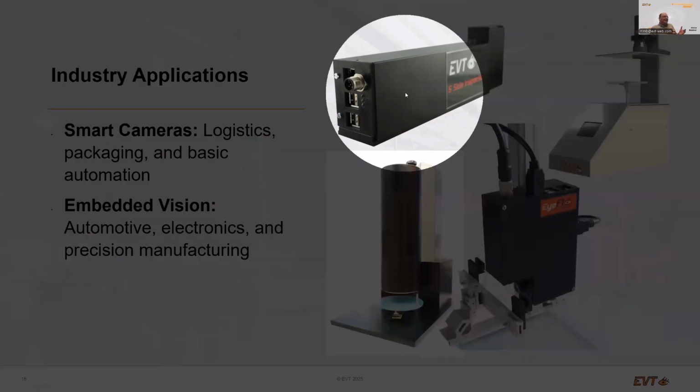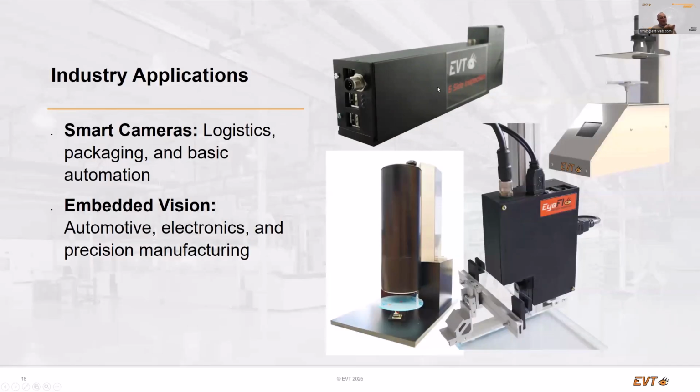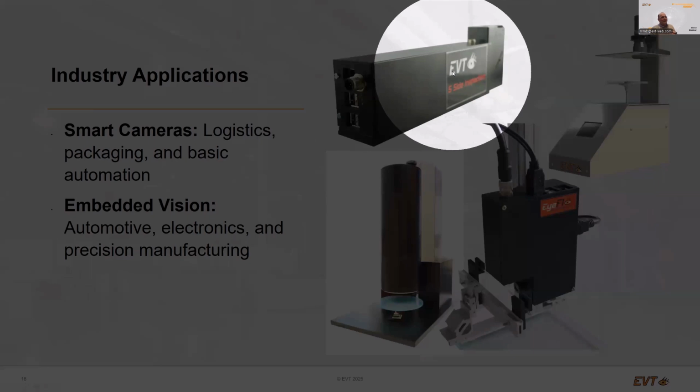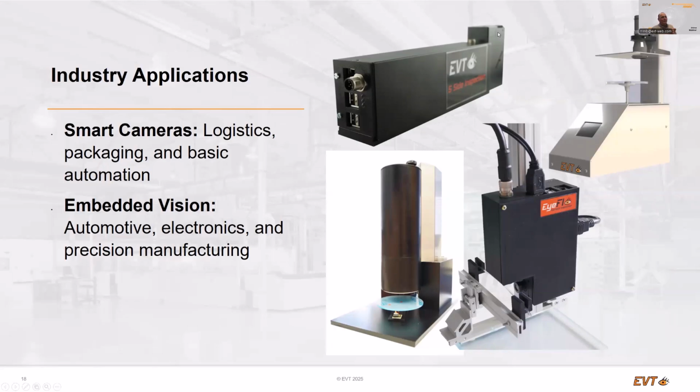So in this case, because it's specially built for this industry, it's an embedded system with a housing, but because it's now a finalized system and ready to sell, it could also be used as a standard smart camera, of course, with the constraint that the parts have to fit inside of this inspection area.